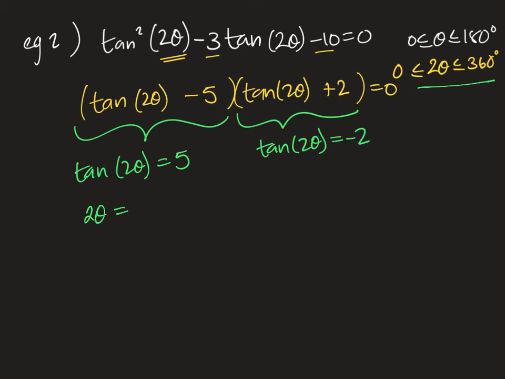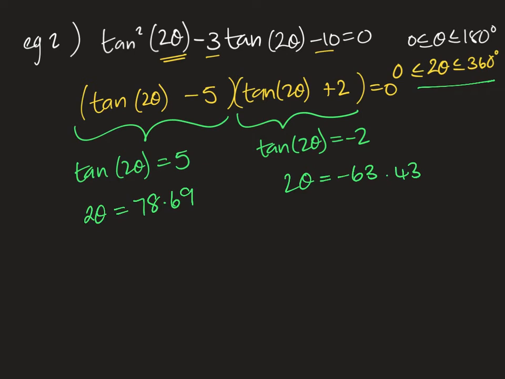So inverse tan of 5 gives me my principal value here of 78.69 degrees, and I'm giving that to an extra degree of accuracy. And similarly for my second one, tan 2 theta is negative 2, so inverse tan of negative 2 is negative 63.43 degrees.